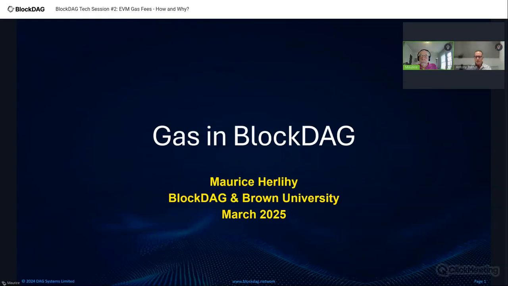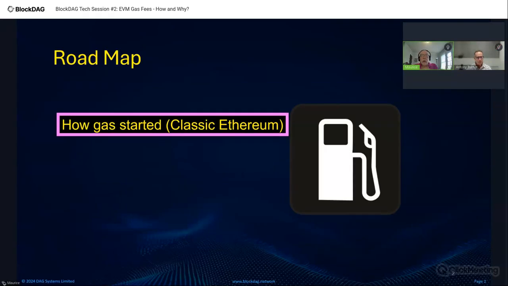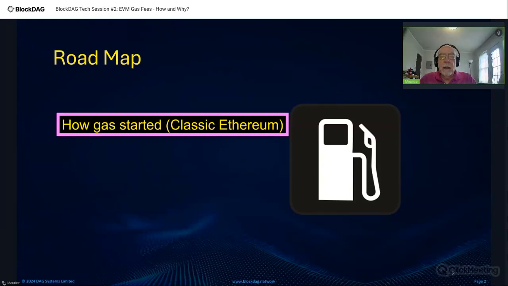So for our roadmap, I'm going to start out by talking about the original gas structure, which was introduced by classic Ethereum. Very clever, very elegant scheme, which turned out, as I mentioned, to have some unintended consequences that had left loopholes that could be exploited to the detriment and frustration of clients.